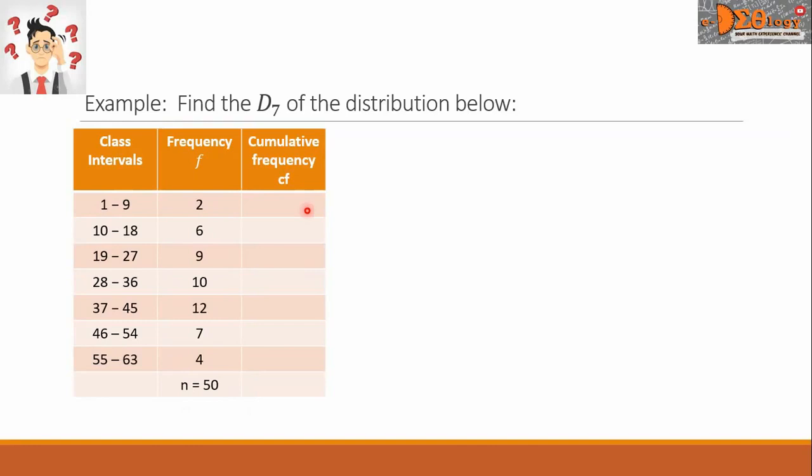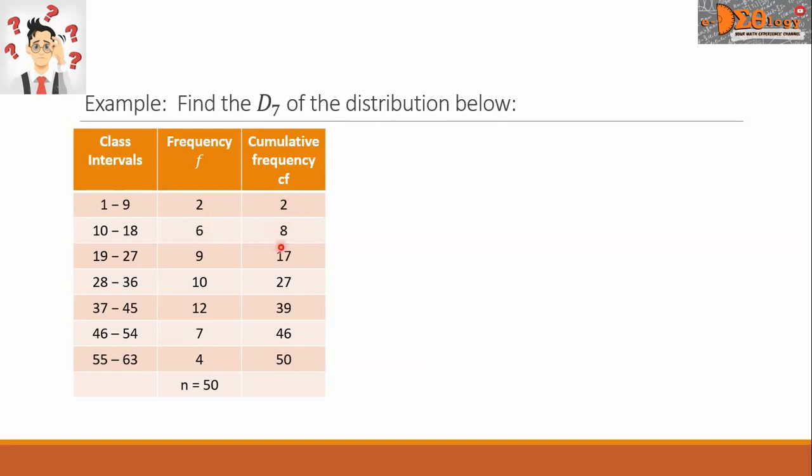Let us construct another column, and that is the cumulative frequency denoted by CF. The values are here. The first number here, the number 2, is copied from the frequency of the first class. And then 2 plus 6 equals 8.